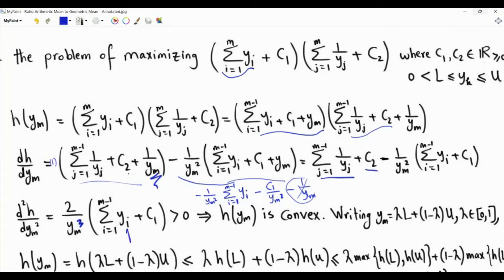So assign any value to those y's so long as we obey the box constraints and we choose the constant C1 to be non-negative. The second derivative of h with respect to ym is strictly positive. So this function is convex. It is a strictly convex function.